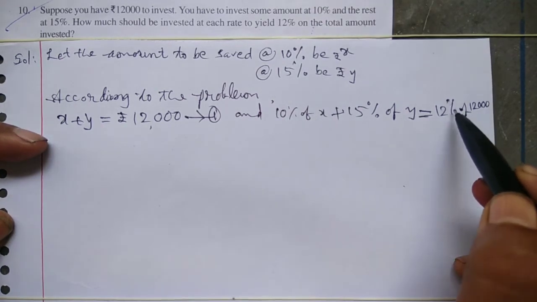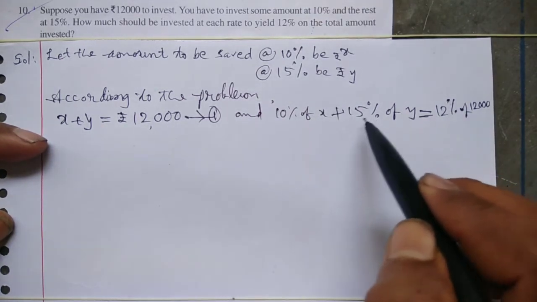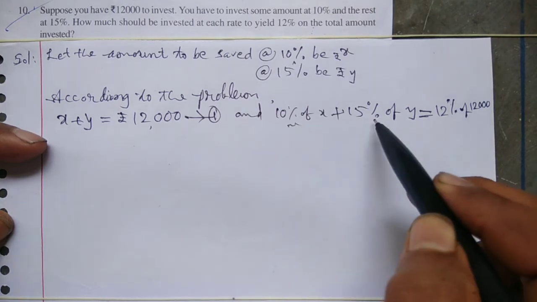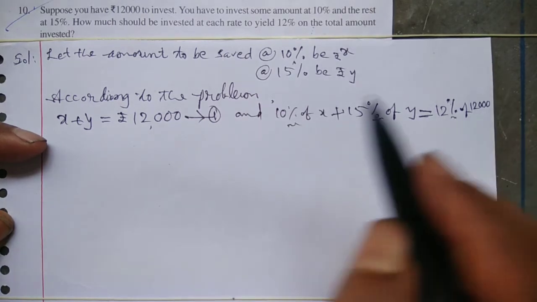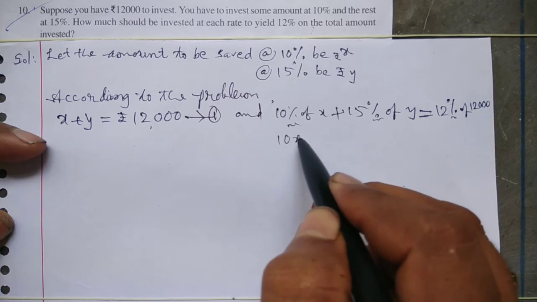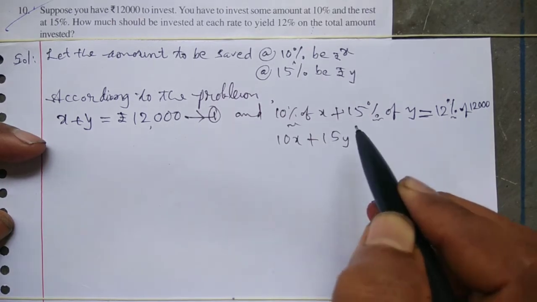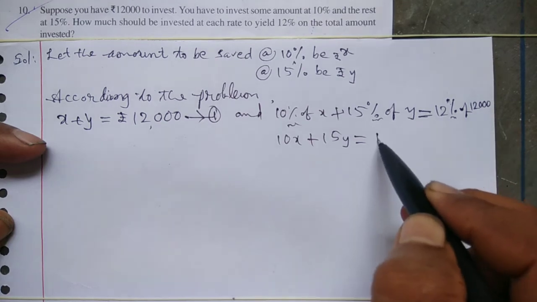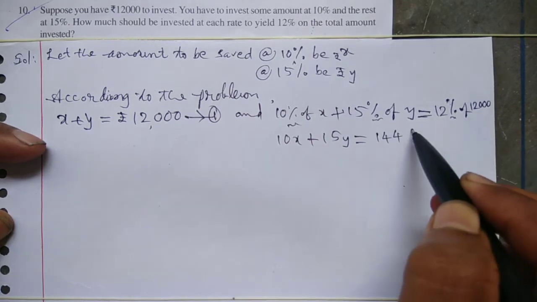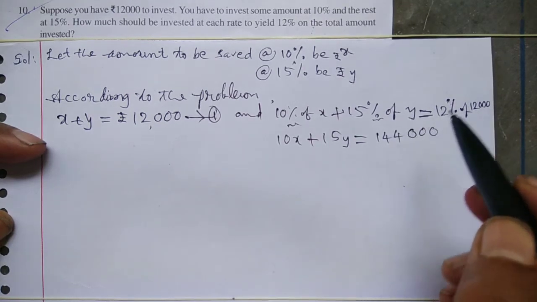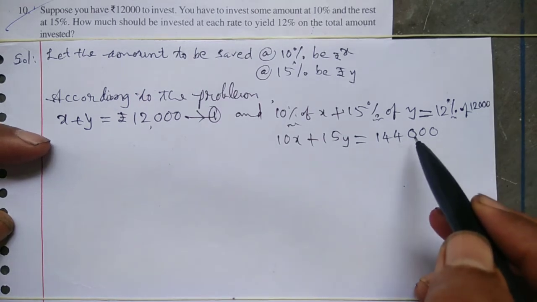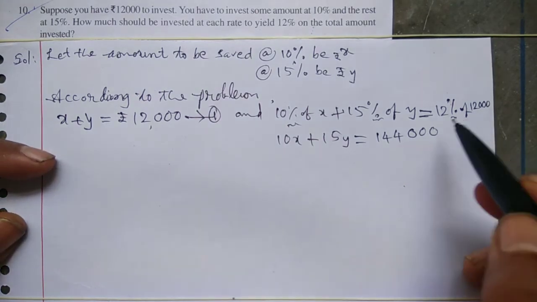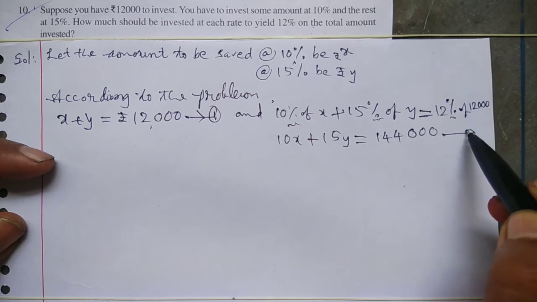On both the sides, each and every term has a percent sign. So that's why we can write 10x plus 15y is equal to 12 12s are 144, and three zeros. This is equation 2.